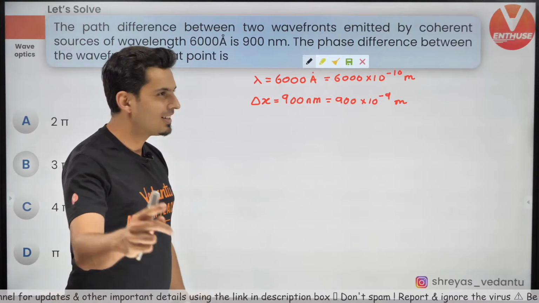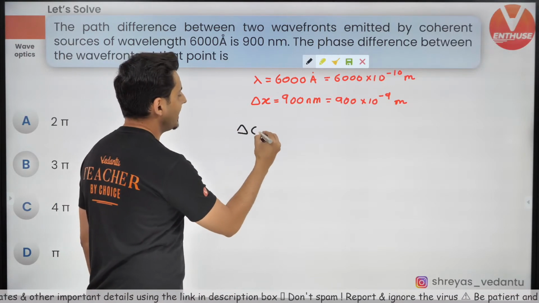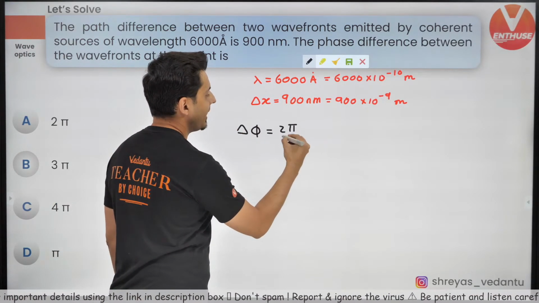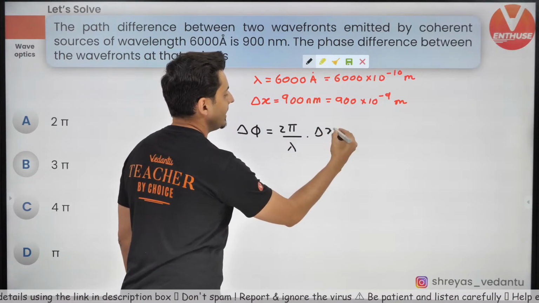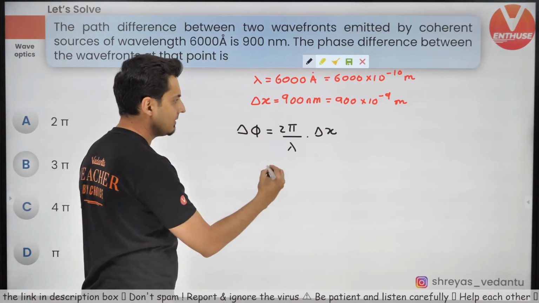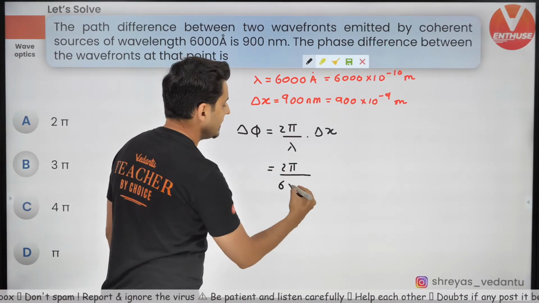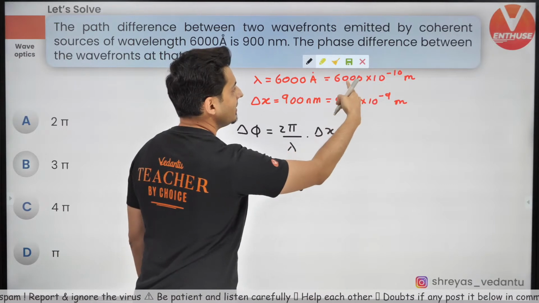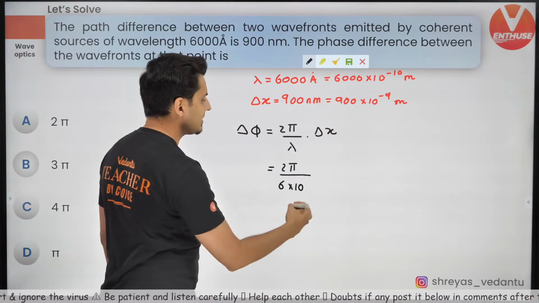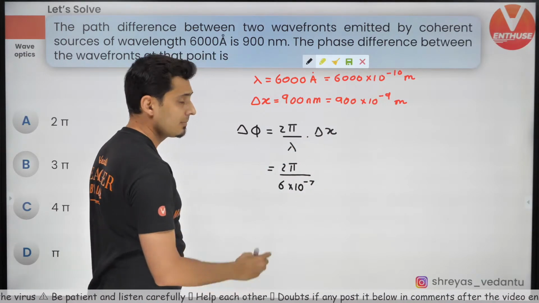All right, so delta phi we know is nothing but 2 pi divided by lambda into delta x. That's the standard formula which I just gave you. So 2 pi divided by wavelength, which is 6 into 10 to the power, these three zeros and this 10 to the power minus 10 will make it 10 to the power minus 7, right?